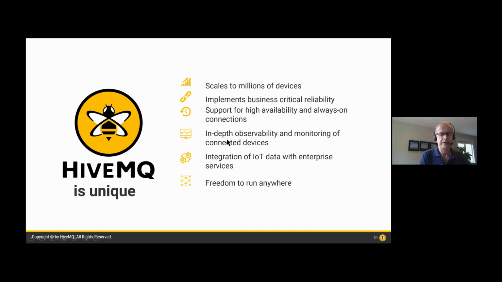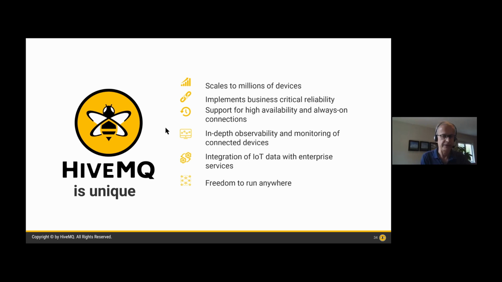The other areas where we are unique are our SDK that we talked about, and also the freedom to run anywhere. We provide an on-premise version and cloud versions, which is important. If for a factory you want to deploy on-premise, we allow you to do that. But if you don't want to be concerned about managing the software infrastructure, we also have a cloud version that you can use too.